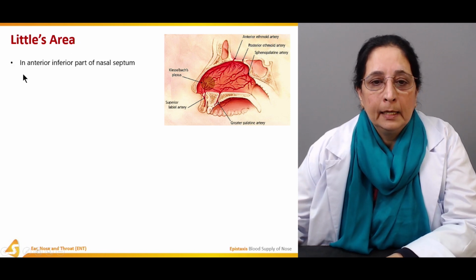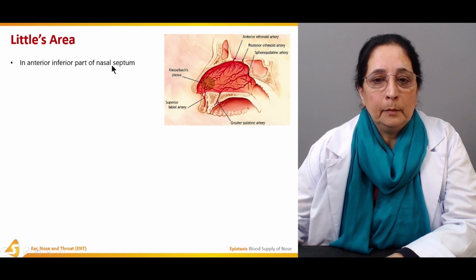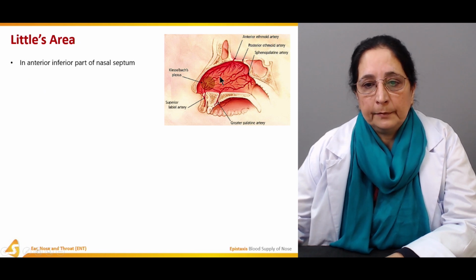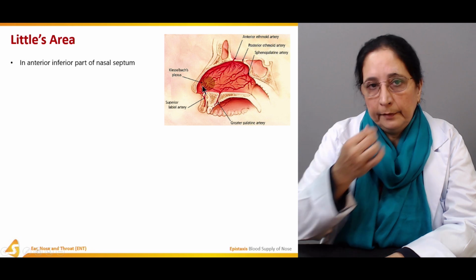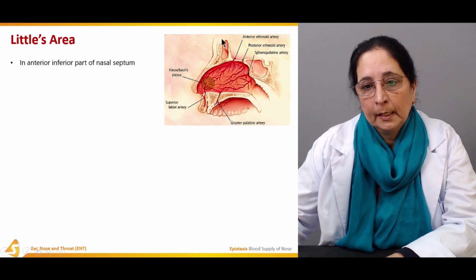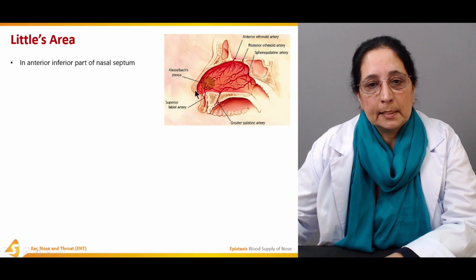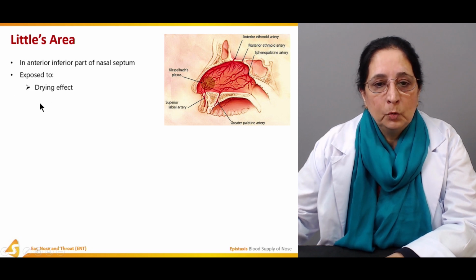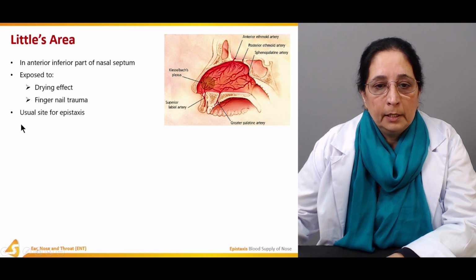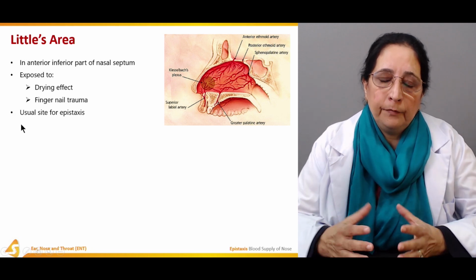Little's area is in the anterior inferior part of the nasal septum. So this is the anterior inferior part of the nasal septum, where this Little's area is present. Exposed to drying effect and fingernail trauma. This is the usual site for epistaxis.